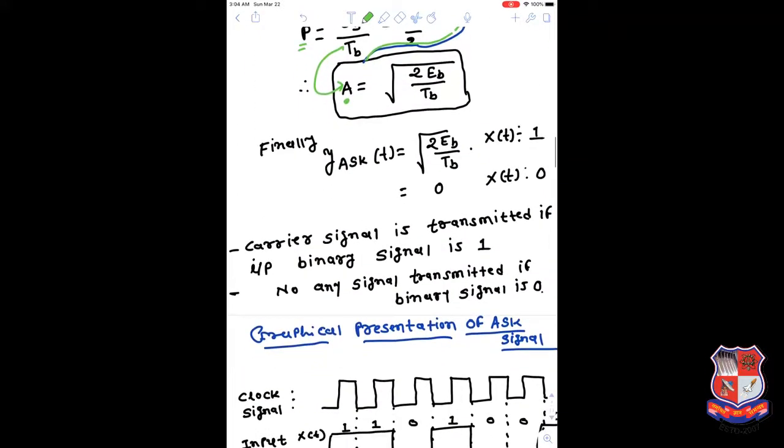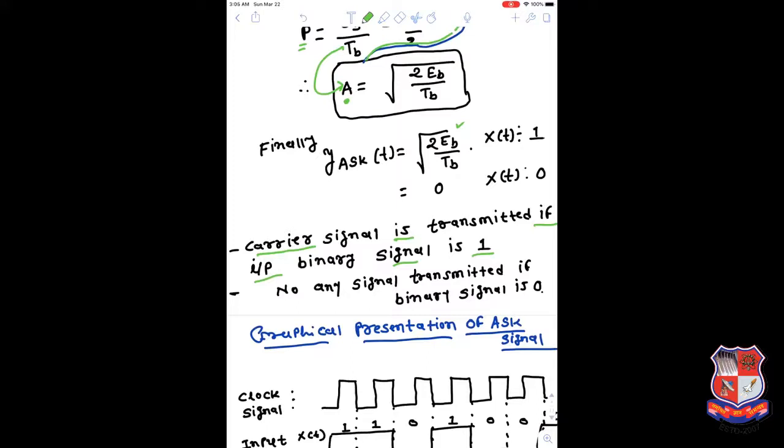Okay, so that is the similar thing which has been described over here. The carrier signal is transmitted if the input binary signal is 1. So if the input x of t is 1, the output of the modulator is simply the carrier signal with amplitude square root of 2 EB by TB, multiplied with the cos omega ct.